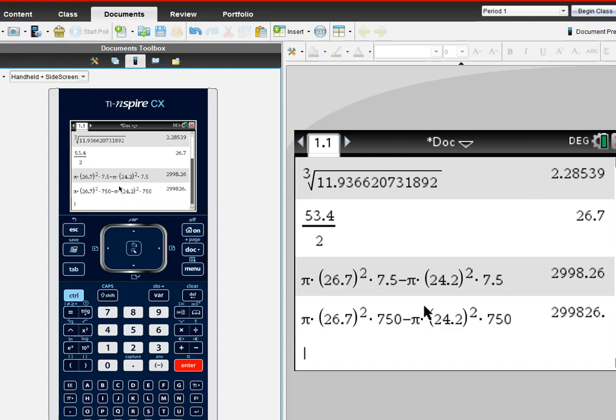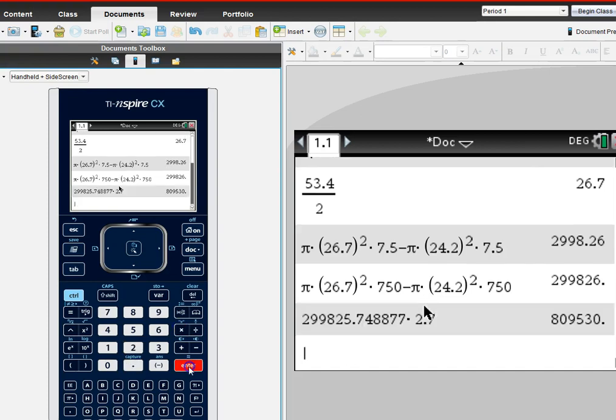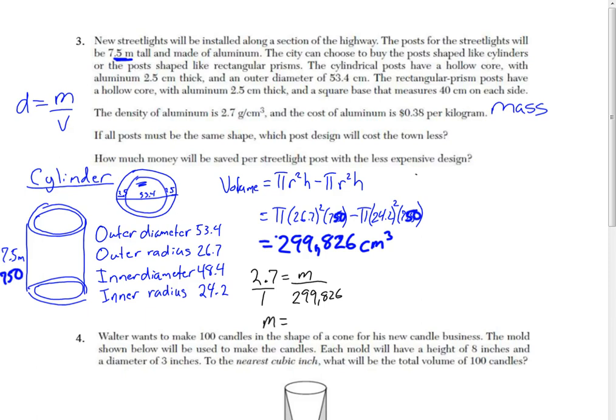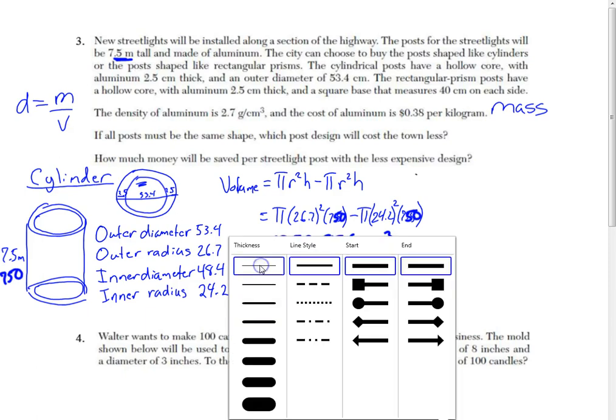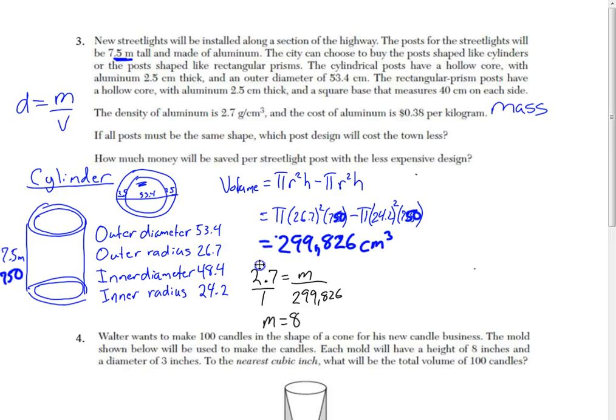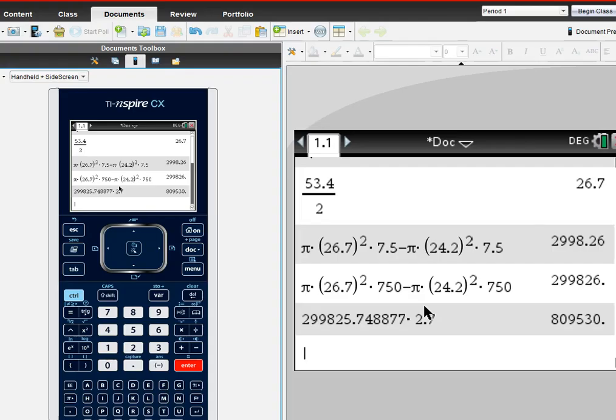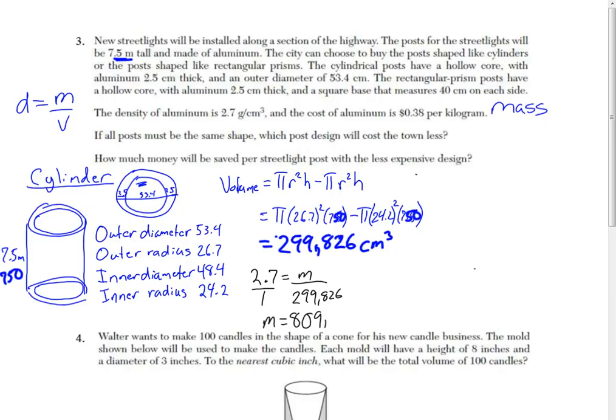So we'll just take that number and multiply it by 2.7. So that's 809,530 grams.